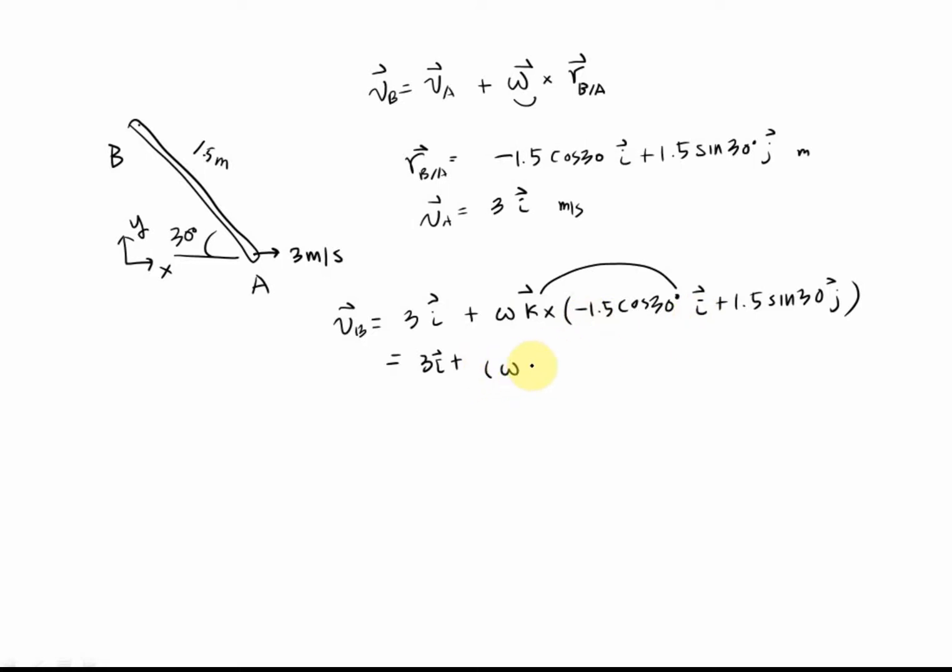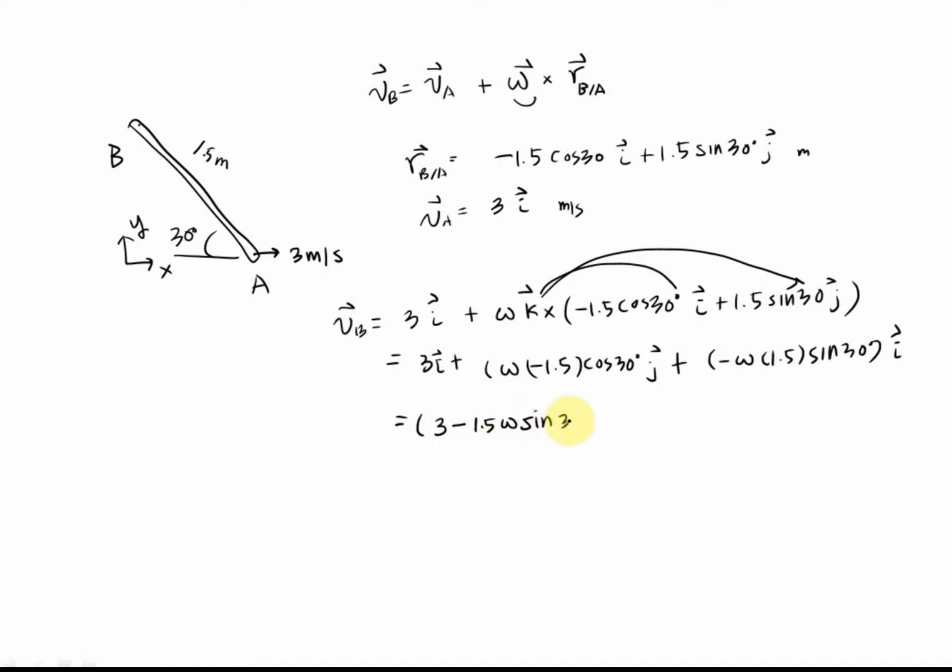So omega times minus 1.5 cosine 30 J, and plus k cross j. The k cross j results in negative I, so this one should be negative 1.5 sine 30 I. So let's combine the I terms: 3 minus 1.5 omega sine 30 I, and then minus 1.5 omega cosine 30 J. And this left side is VB.